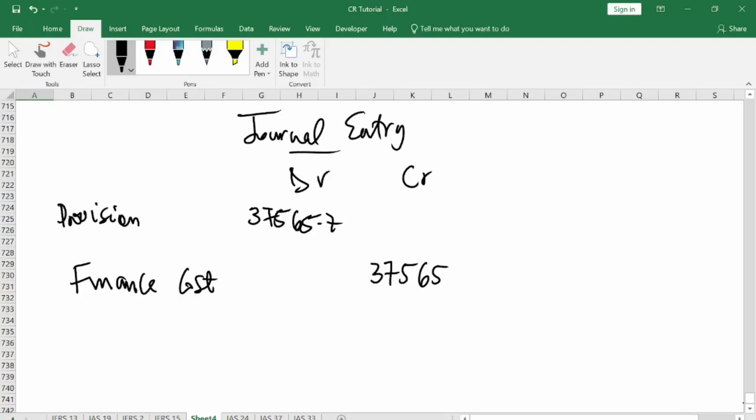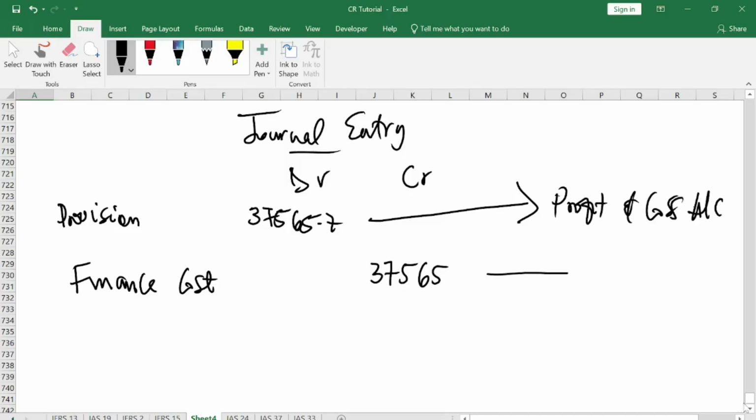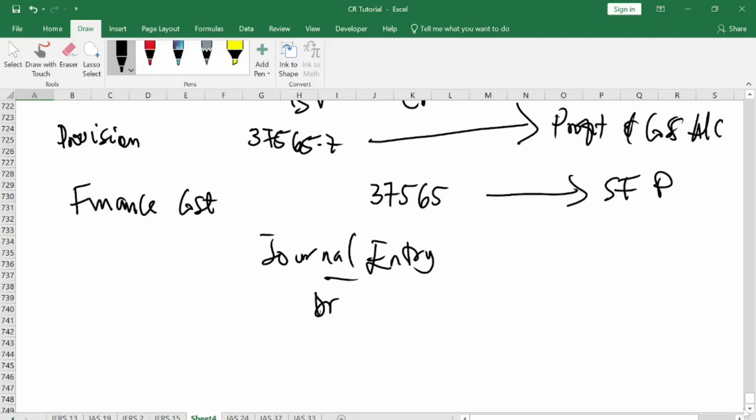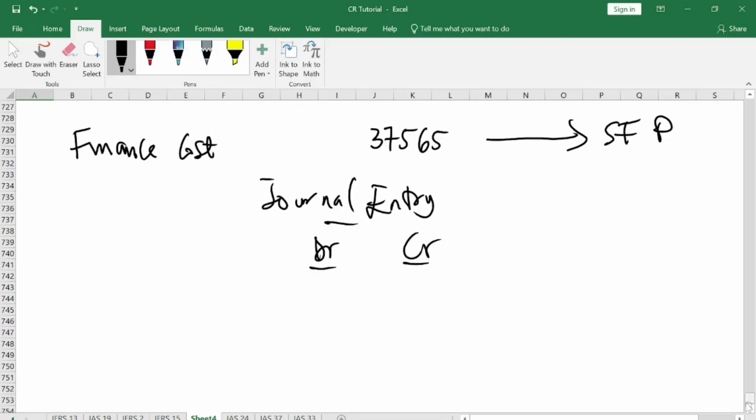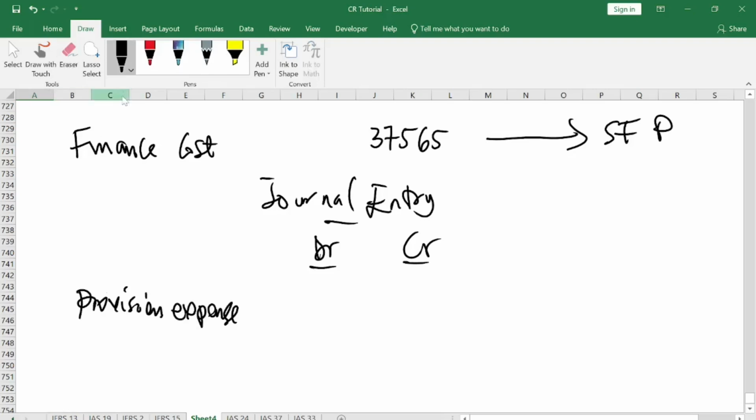What this simply means is that this one goes to the P&L, profit and loss account, and this one also goes to the statement of financial position. Simple. Now you have your journal entry, the provision. You have your debit, and you have your credit. So these provisions are under discount. So you have your provision expense, which is how much?